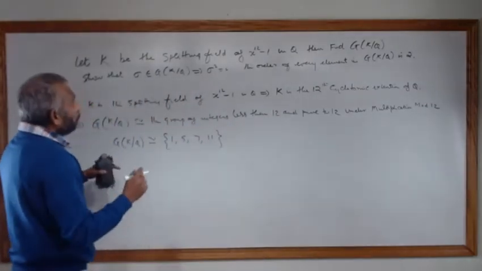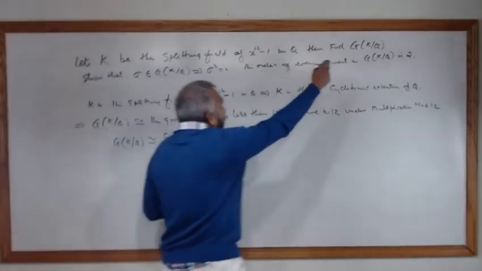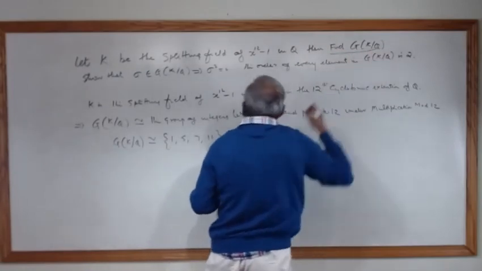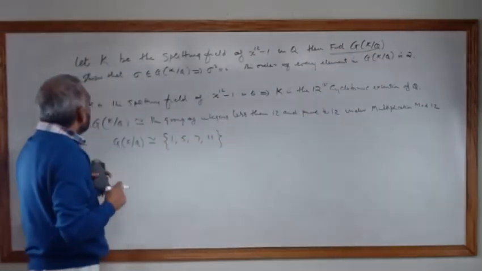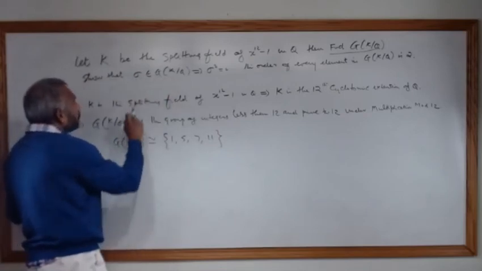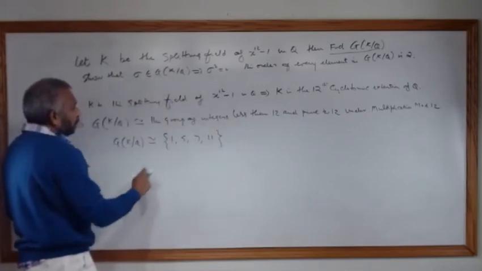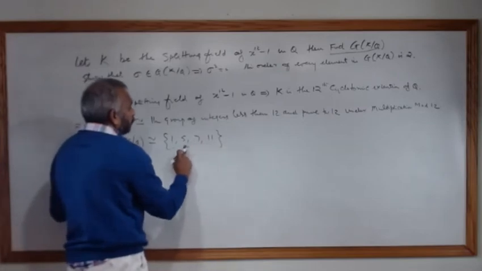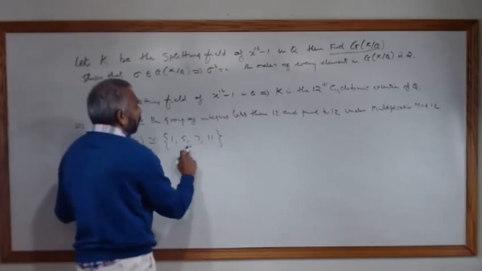So we found this group, so this part is done. Now we need to prove that an element from this group is of order 2. So you take any element from here and show that it's of order 2, then you are done.